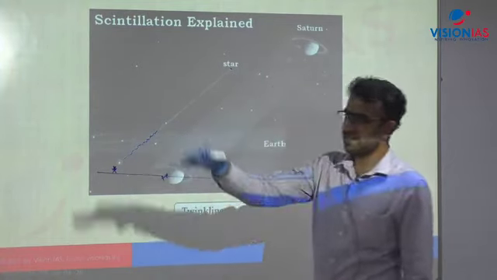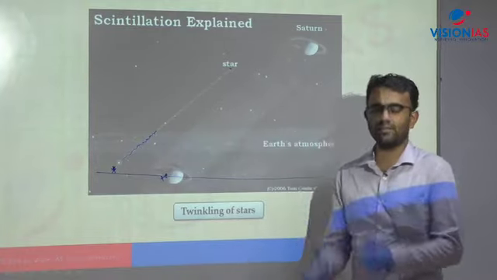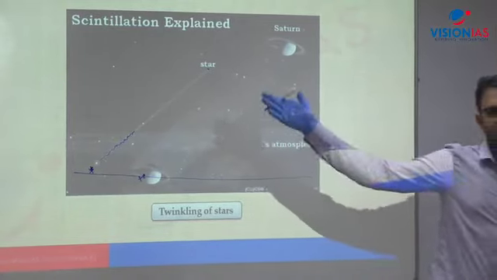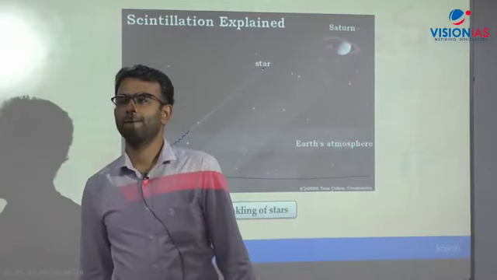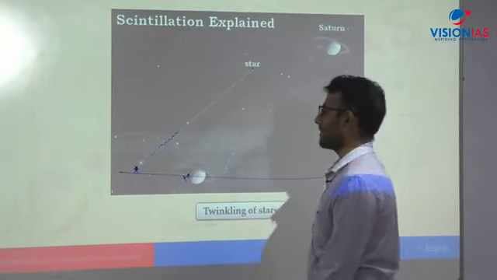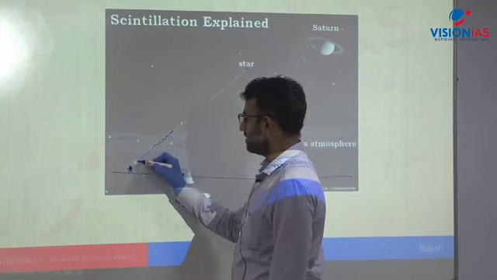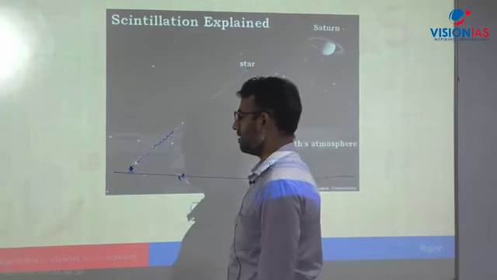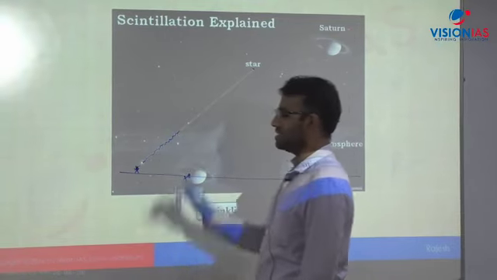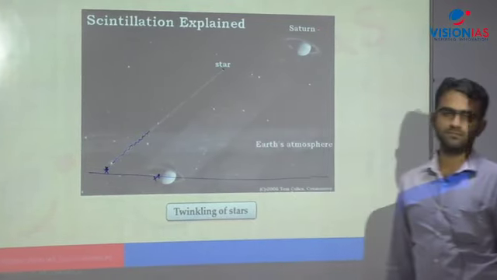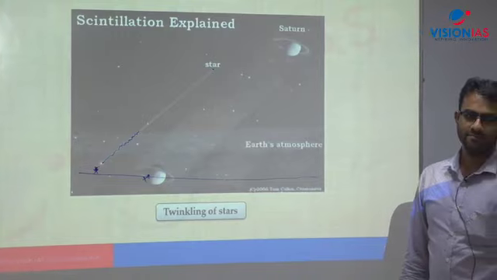Even though the light is coming in that direction, it wanders a little this way and that, because of the various particles which are present in the atmosphere. And by the time it reaches our eye, we see that the light is not coming in a straight line.